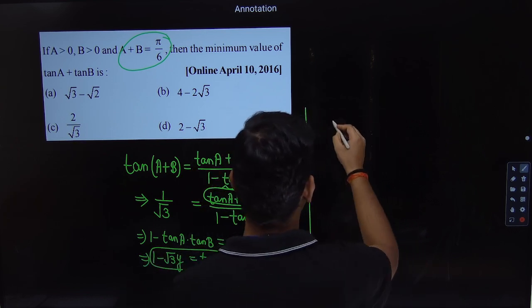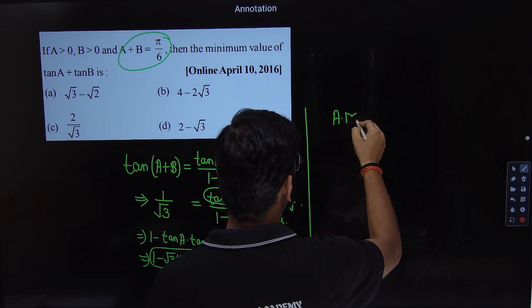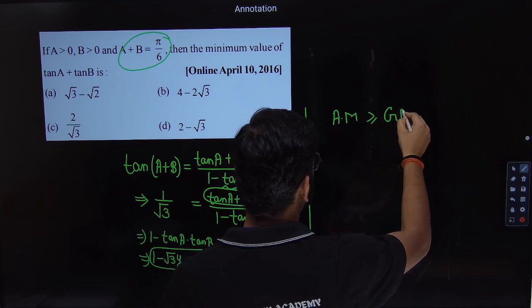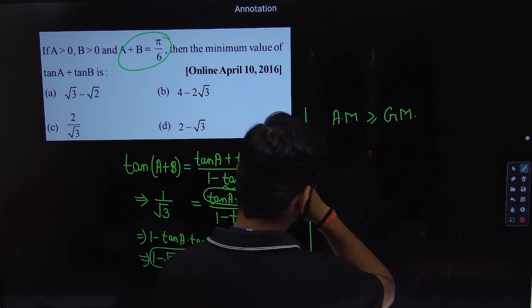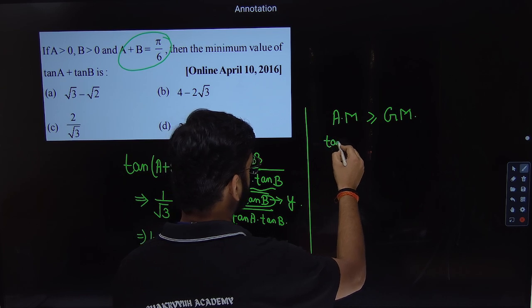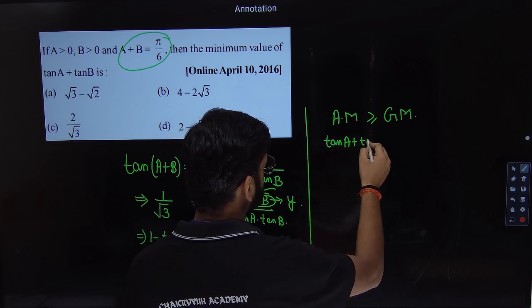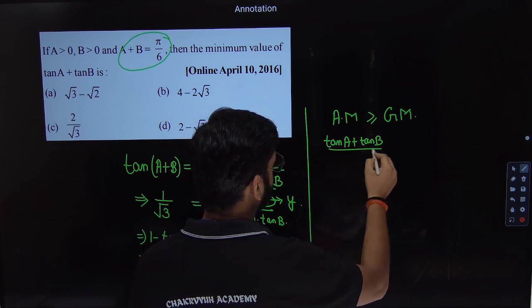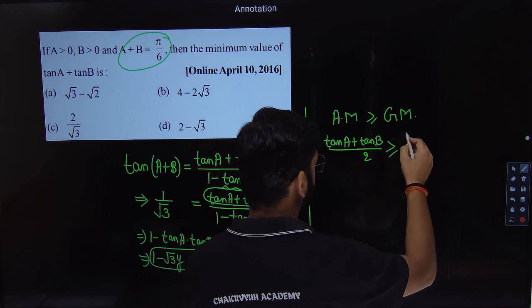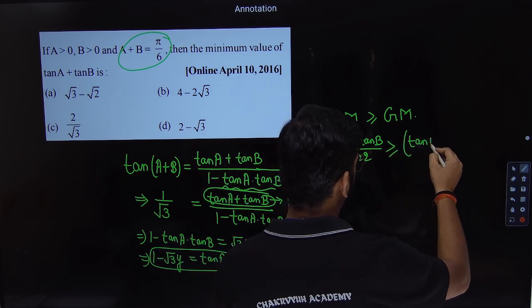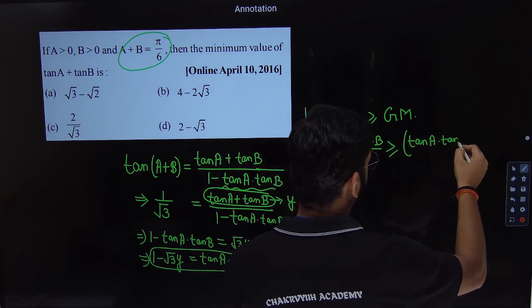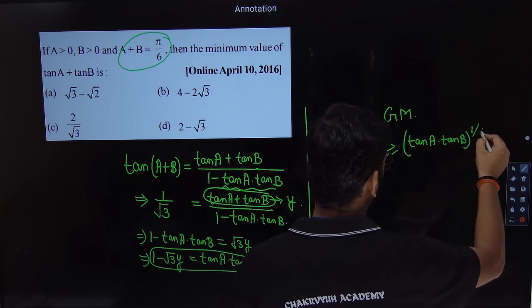So let's apply AM greater than or equal to GM. Tan A plus tan B by 2 will be greater than or equal to tan A into tan B to the power 1 by 2.